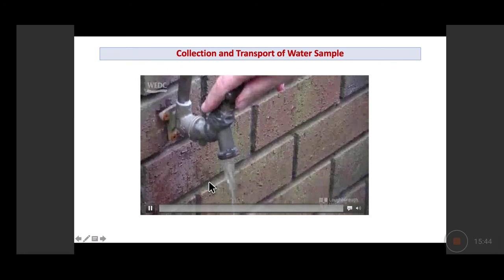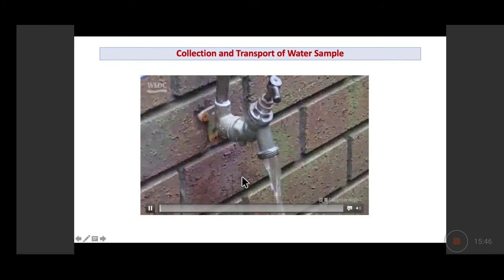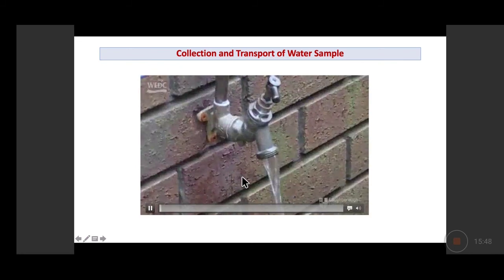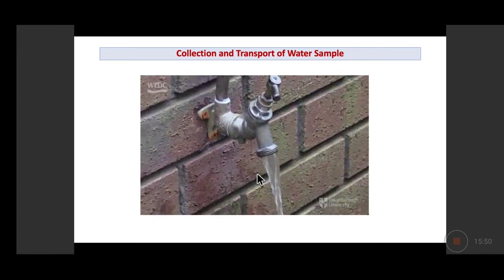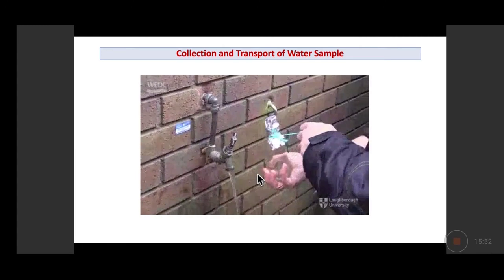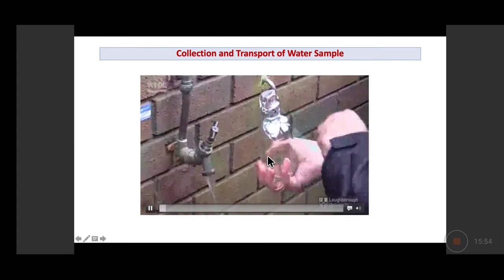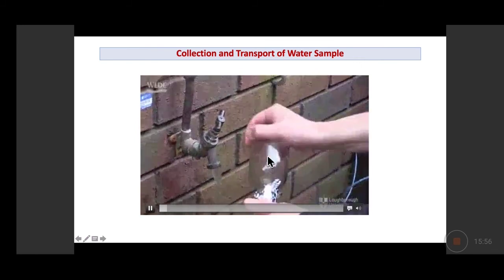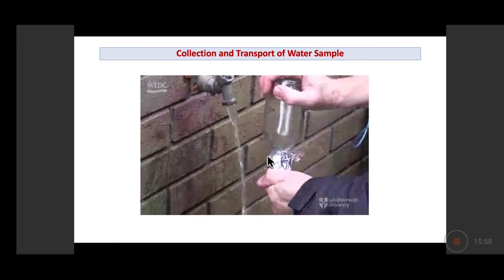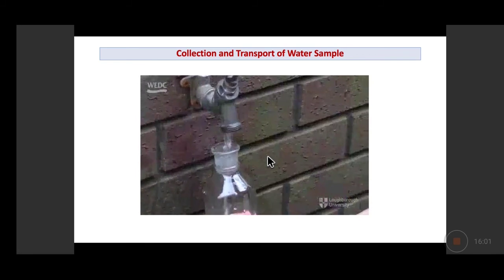How we collect the sample, I'll show you in a quick video. Here, in the first point, we are taking a sample from tap water. Whenever we collect a sample, first we have to clean the source.